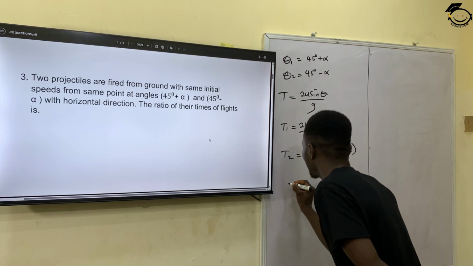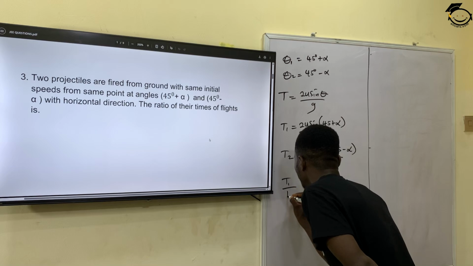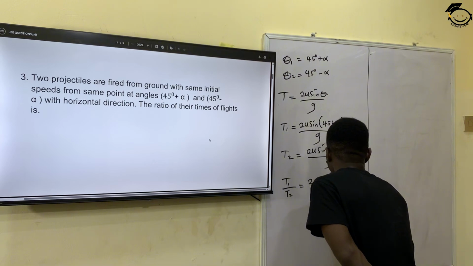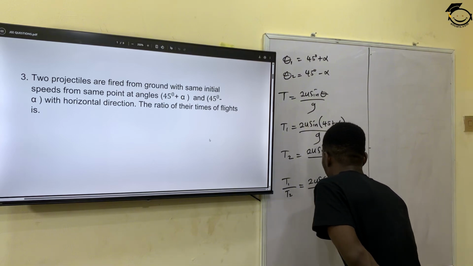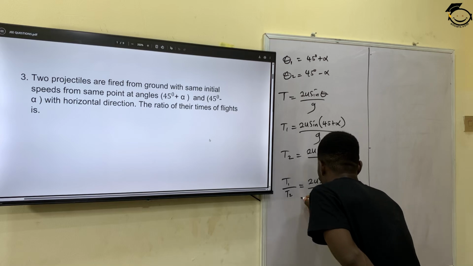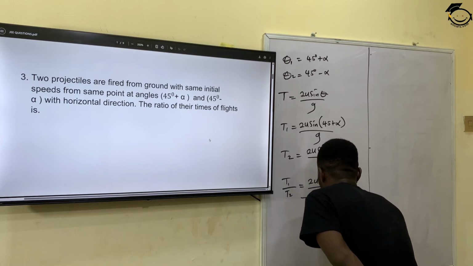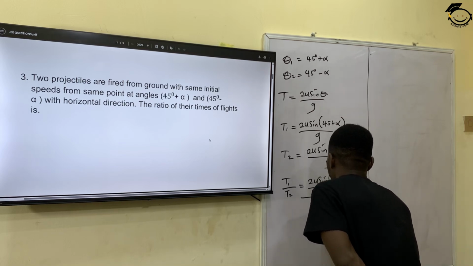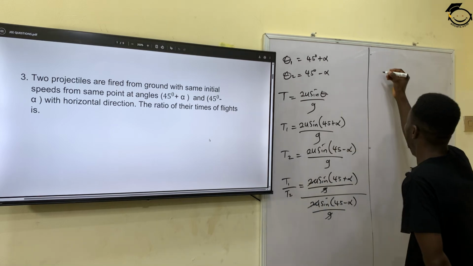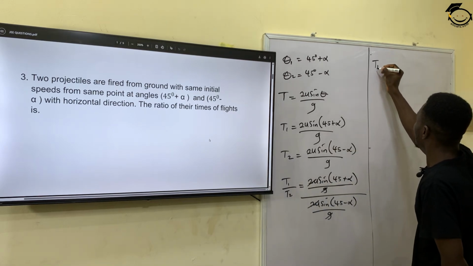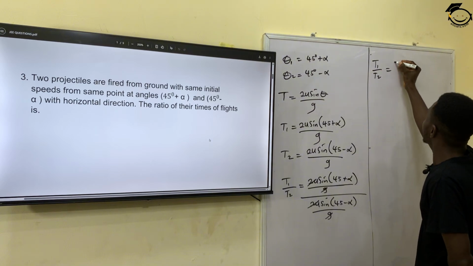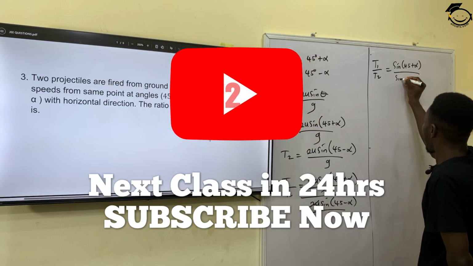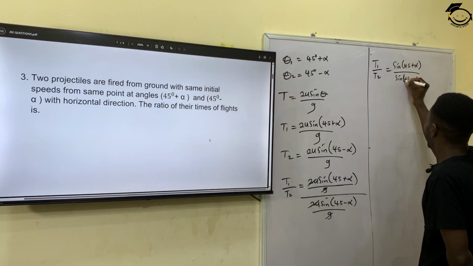So their ratio T1 over T2 is 2u sine (45 plus alpha) over g, divided by 2u sine (45 minus alpha) over g. So this will cancel out. At the end of the day, T1 over T2 is equal to sine (45 plus alpha) over sine (45 minus alpha).